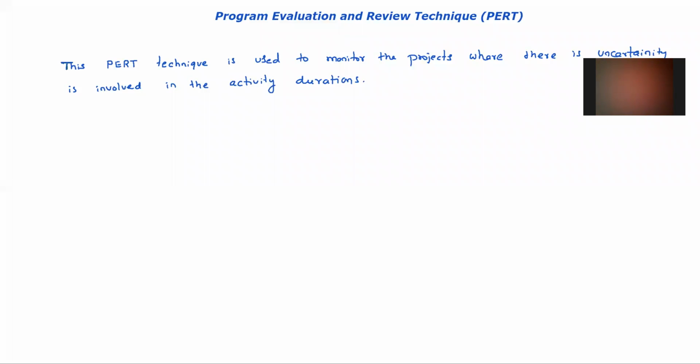Okay. So if we have any uncertainty in the activity durations, then instead of CPM, you can go for this PERT technique. Okay. So this is basically useful for R&D projects.